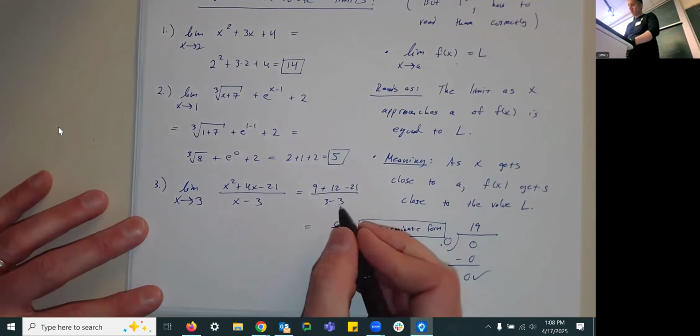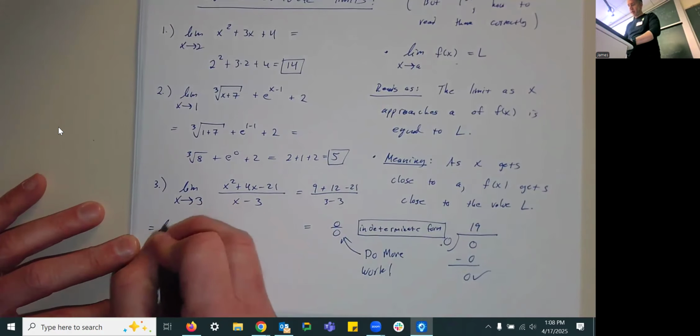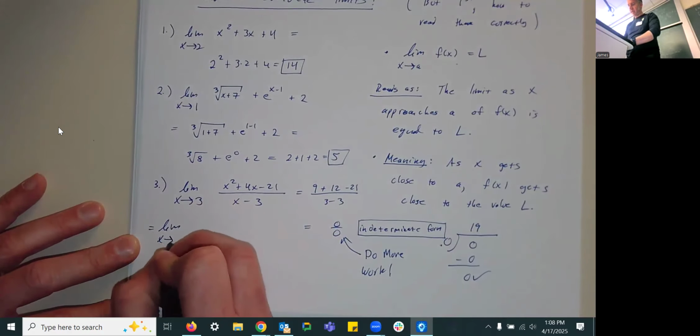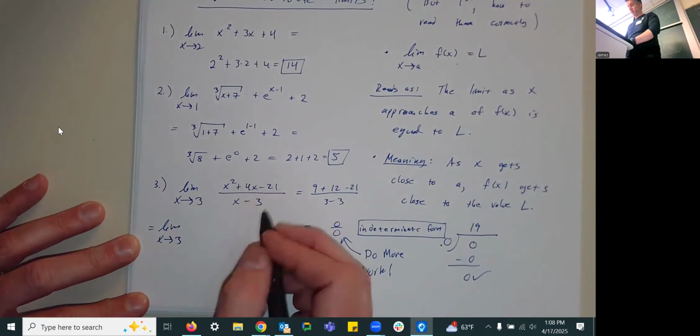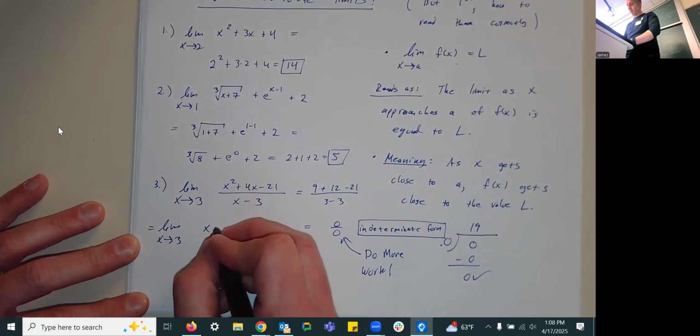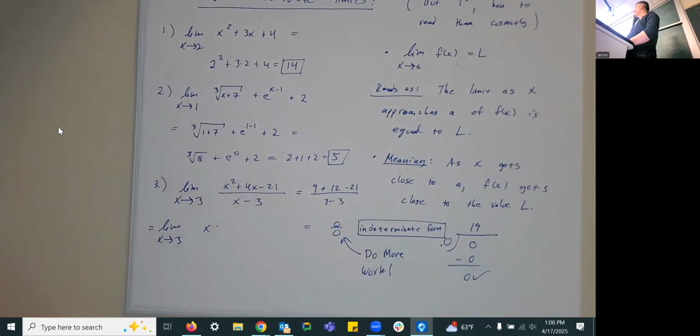So here, if we look at this limit, I'm going to rewrite it as limit as x approaches 3 of, I'm going to factor the numerator. Well, I'm pretty sure there's an x minus 3 as a factor because I plugged in 3 and I got 0. The fundamental theorem of algebra says that if you plug in a number to a polynomial and you get 0, then x minus that number has to be a factor, which makes it easier to factor it.